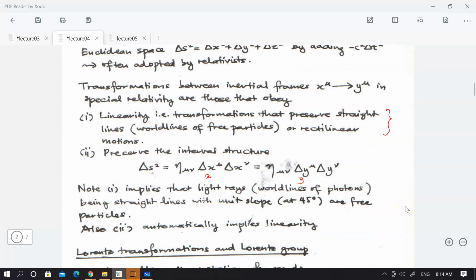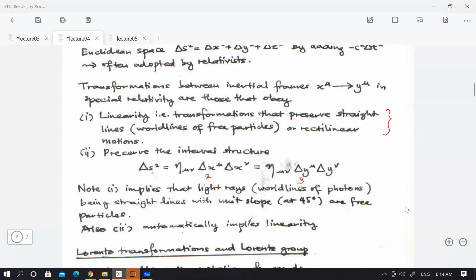One of the things we have to look at is to understand why this transformation is adopted. You will see that number one, this linearity, the fact that photons or light rays are going to travel freely in the context of special relativity, then your world lines of photons or light rays will be straight lines with a particular specific slope.